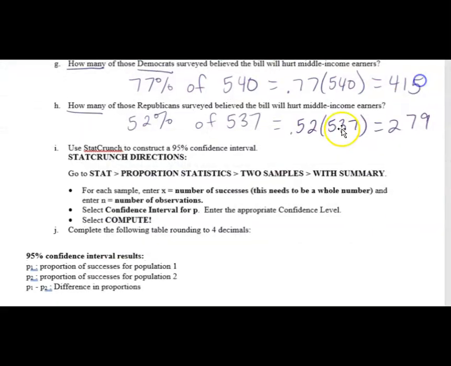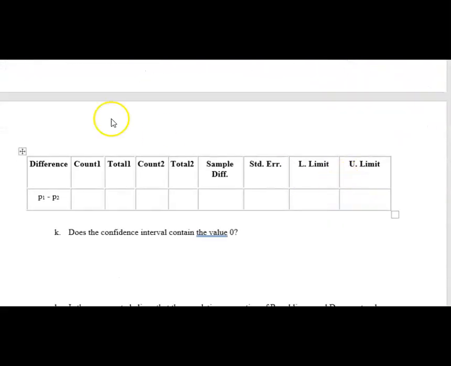Let me go back to my Word document here, and we'll jot this down just so we have our notes complete from StatCrunch. Count one was 415 out of 537. No, I'm sorry, out of 540. That was the Democrats, so 540 was the sample size.